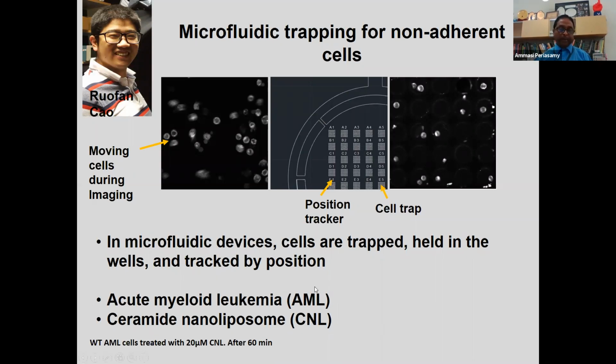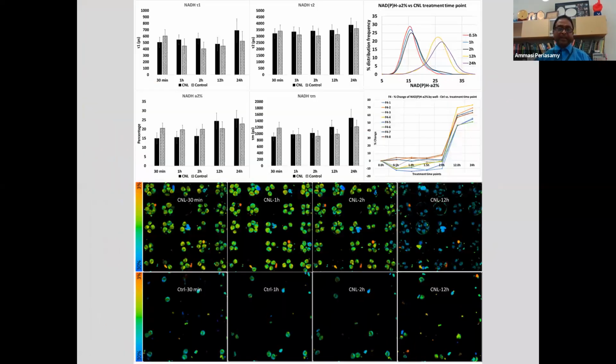We use the AML cell, acute myeloid leukemia, and the drug we use is ceramide nanoliposomes. And here we see that the drug response shows only after 12 hours, where you see an increase in the NADH bound coenzymes signal, for which we use the lifetime here.